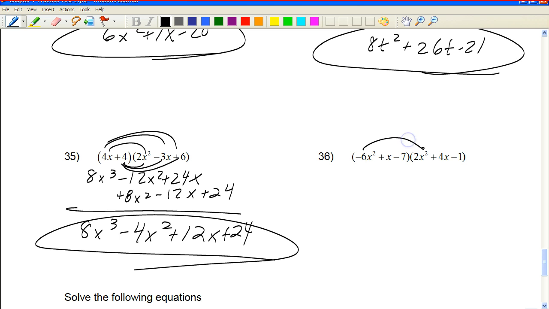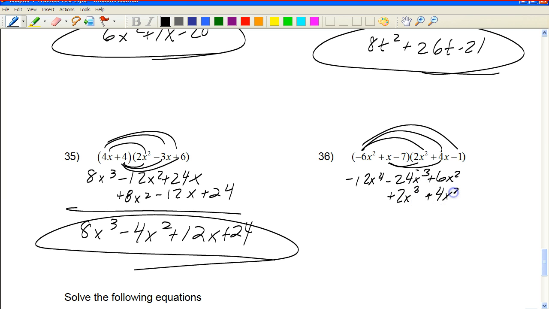Alright, we're going to do this times this, which is going to be negative 12x to the 4th. That times that is going to be negative 24x to the 3rd. That times that is positive 6x squared. This times that is going to be positive 2x to the 3rd plus 4x squared minus x. Then we're going to do this next one.